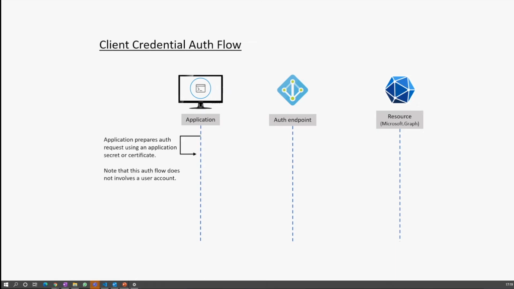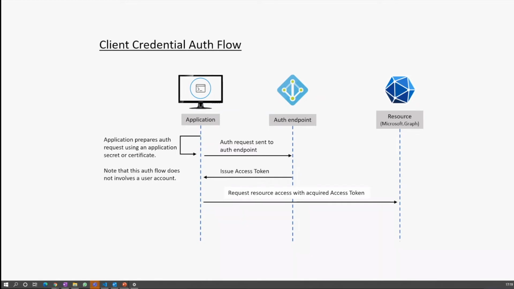The application prepares the authentication request using its own identity, like a client app ID and its own secret, and sends the request to the authentication endpoint. The authentication endpoint validates whether the application request is valid, and directly issues the access token, with which it can access the resource and get the response back.